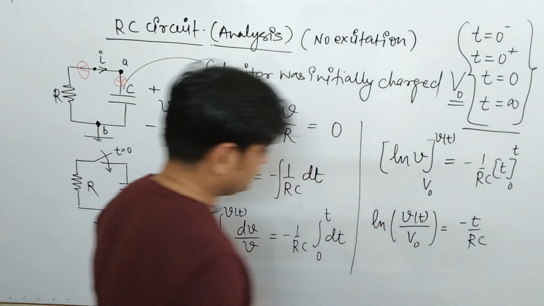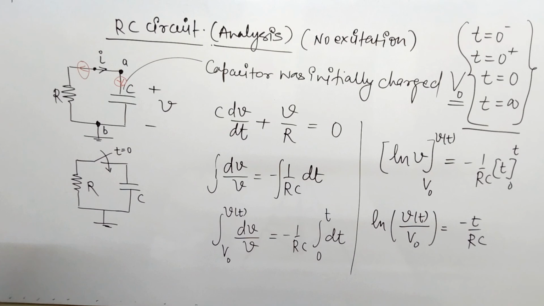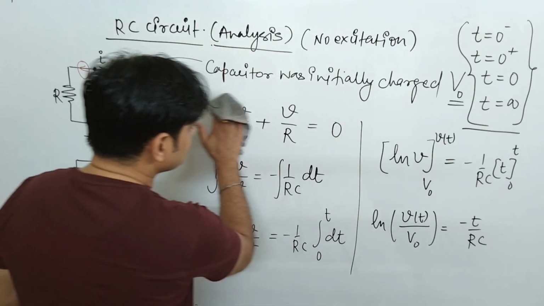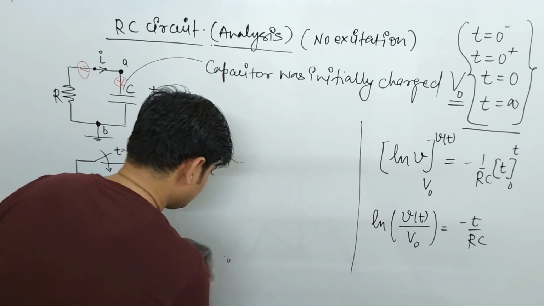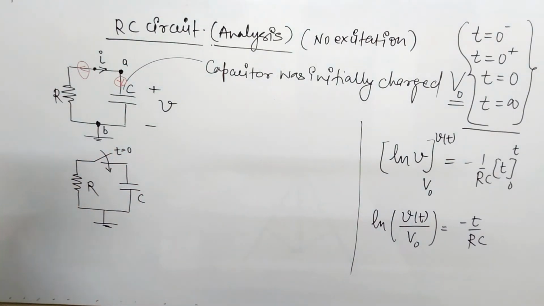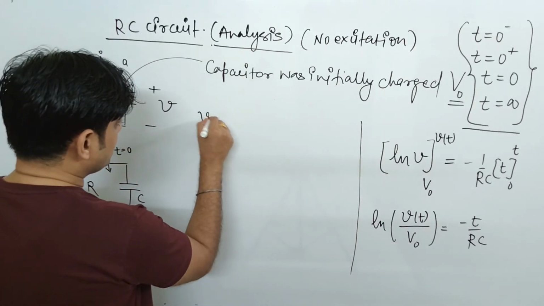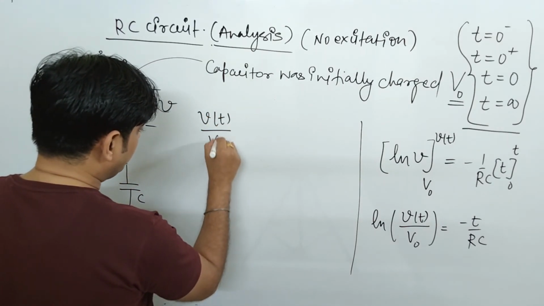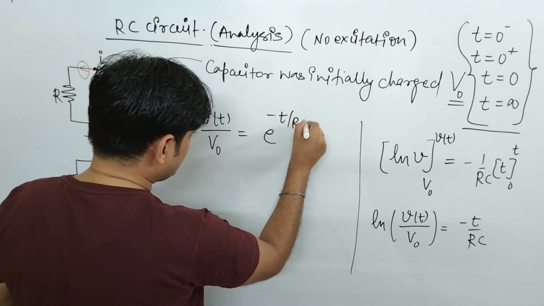Yes, okay, and if you replace this, Vt upon V0 is equal to e to the power minus t by RC.